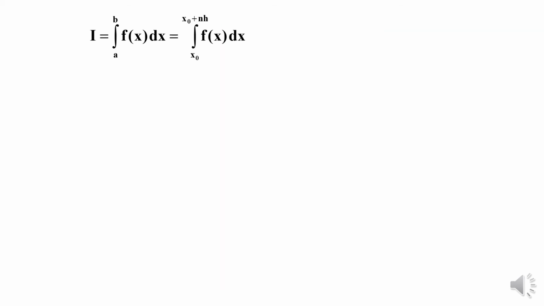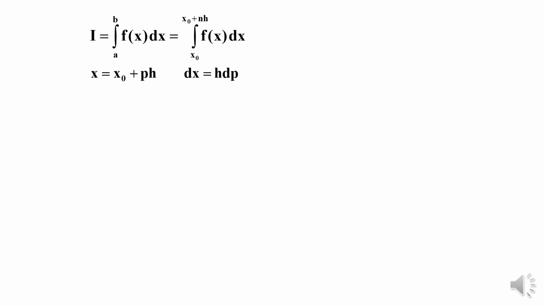Now we write I equal to the integral from a to b of f(x) dx, which is equal to the integral from x0 to x0 plus nh of f(x) dx. We see that a is equal to x0 and b is equal to xn, which we have seen in the previous slide, and xn is equal to x0 plus nh. Now we substitute x equal to x0 plus ph, differentiate it, and we get dx equal to h dp.